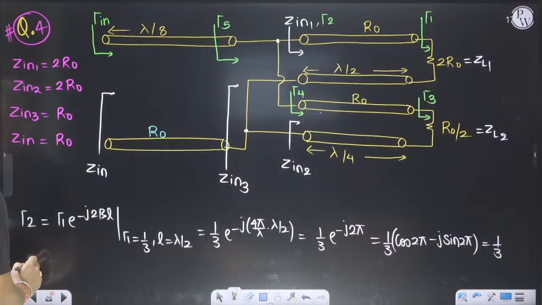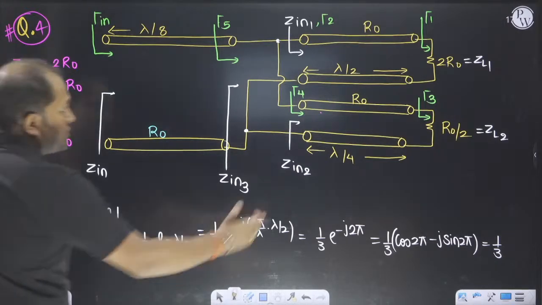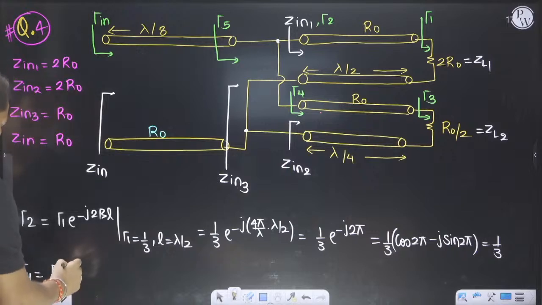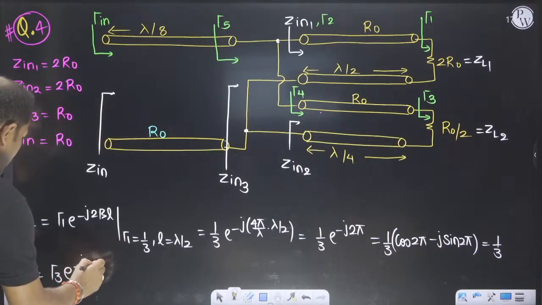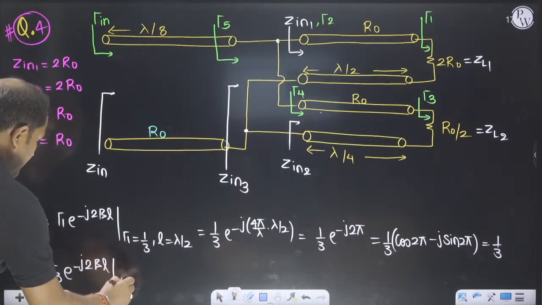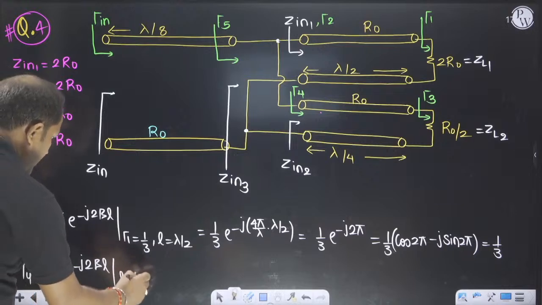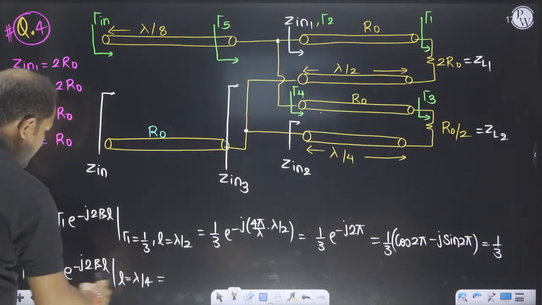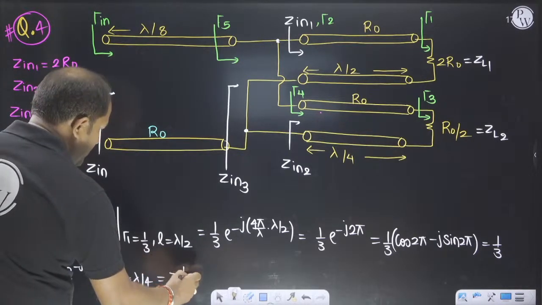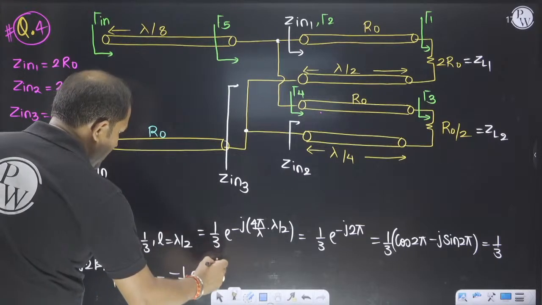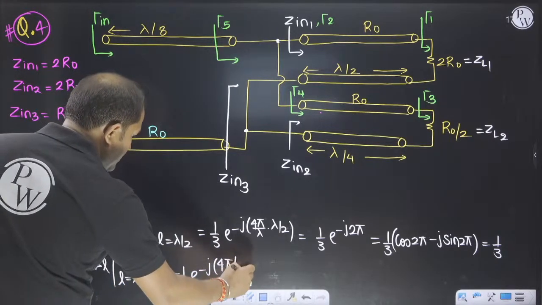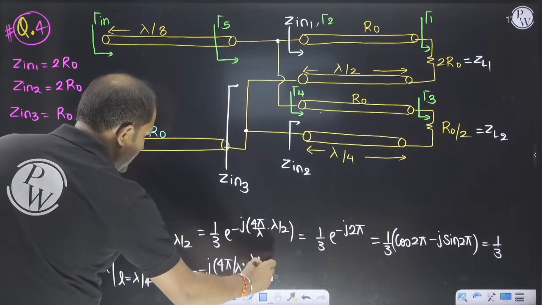What is the value of gamma 4? Gamma 4 in terms of gamma 3: gamma 3 times e to the power of minus j2βL, and L is equal to λ/4. So gamma 3 is minus 1/3 e to the power of minus j4π/λ, and the length is λ/4.